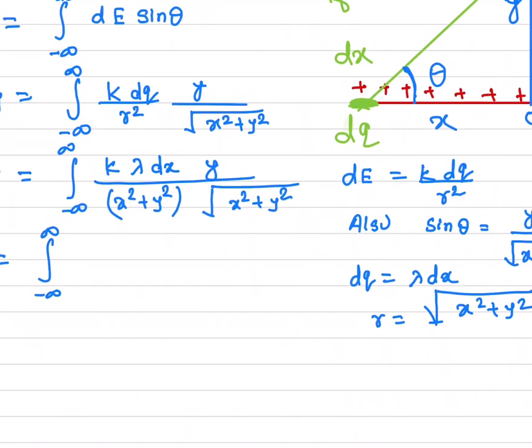So all the constant terms we're just keeping on one side: k lambda y, and then we have dx over x squared plus y squared together with this term. This is power half and this is power 1, so it will be x squared plus y squared to the power 3/2. Okay.